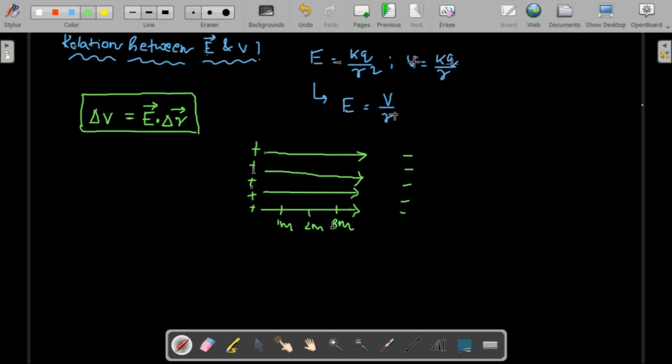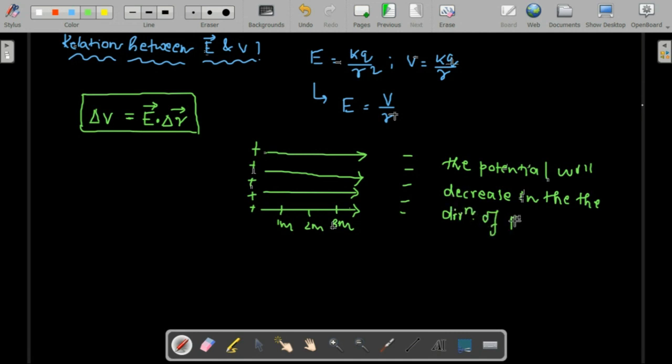Now if you look into the relation for potential, we see with distance the potential will decrease. So if you look into the statement here, the potential will decrease in the direction of E. So whichever direction the electric field is, the potential will also reduce.